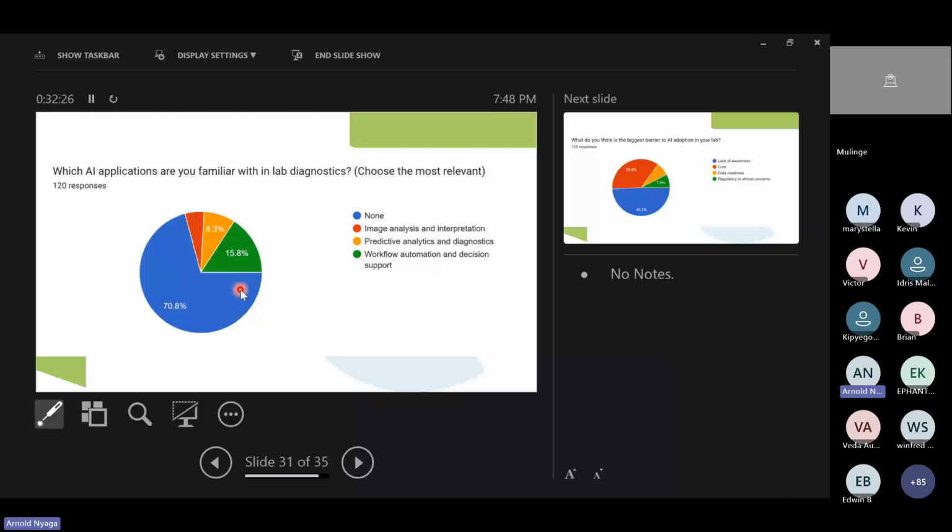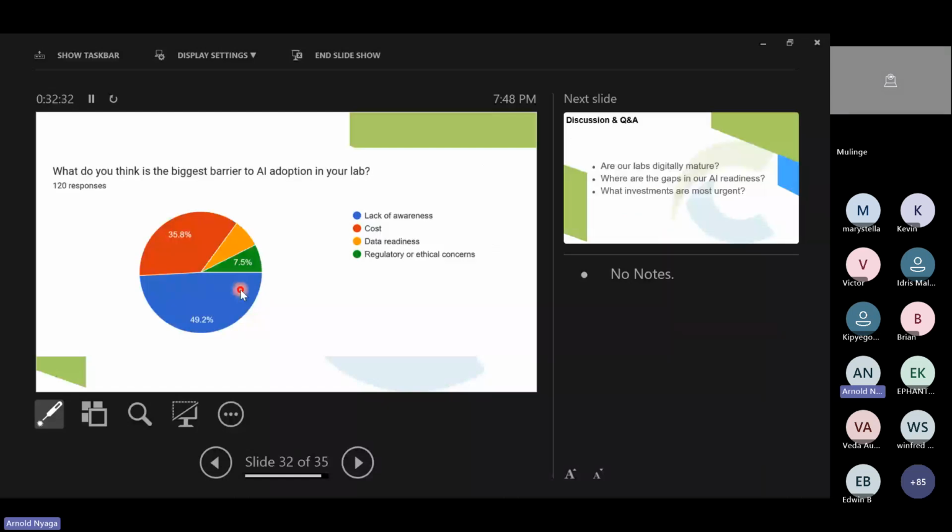They will only make our work better and easier. A lot of people, almost 50%, believe that lack of awareness is the biggest barrier to adoption of AI in the laboratories, which I believe is a true representation of what we are having currently.